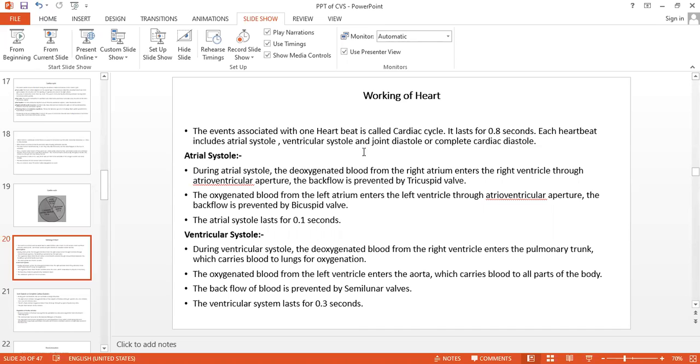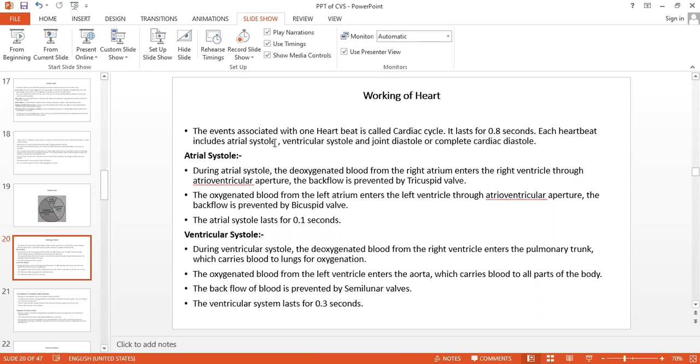Listen carefully. The events associated with one heartbeat: one heartbeat is called a cardiac cycle. It lasts for how many seconds? 0.8 second. Each heartbeat includes what?